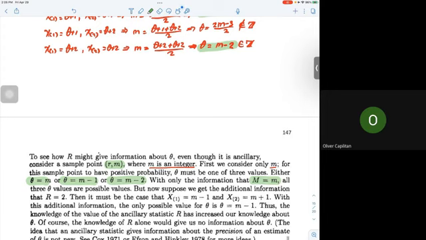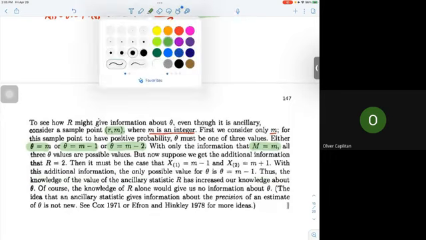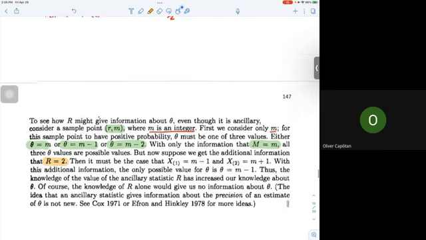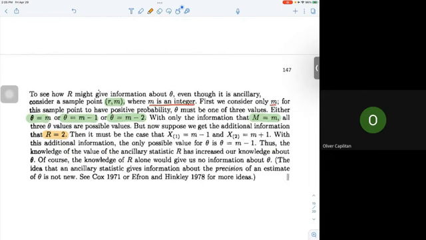But now suppose that we have an additional information that our R, the range, the value of our range is equal to 2. So then it must be the case that kung ang R is equal to 2, yung value ng first order stat should be m minus 1, and the value of the second order stat should be m plus 1.